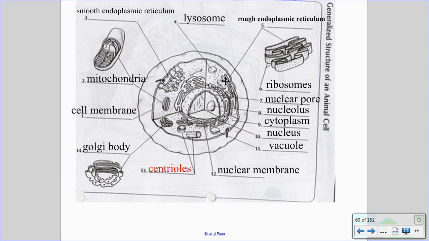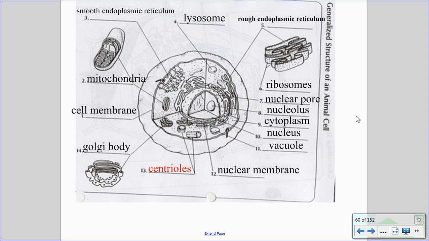So here it is inside the cell, and here they put it on the side. It's studded with number six, which are ribosomes. You find ribosomes on the endoplasmic reticulum, and you also find ribosomes free in the cytoplasm of the cell. Here are those little dots representing them in the cytoplasm, all inside the cell.